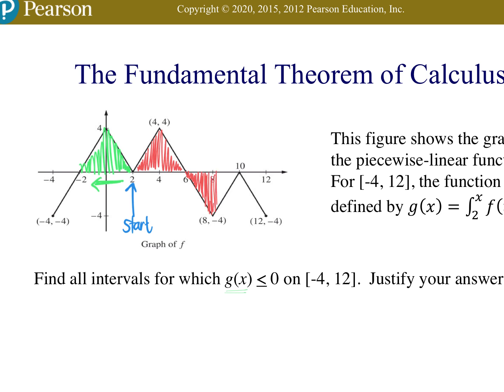Yeah, so the net total is still positive until I get to here. Because once I get that far, the positive and negative cancel out. And after that, now it's net negative. So I have 2 answers from -2 to 2 and 10 to 12.